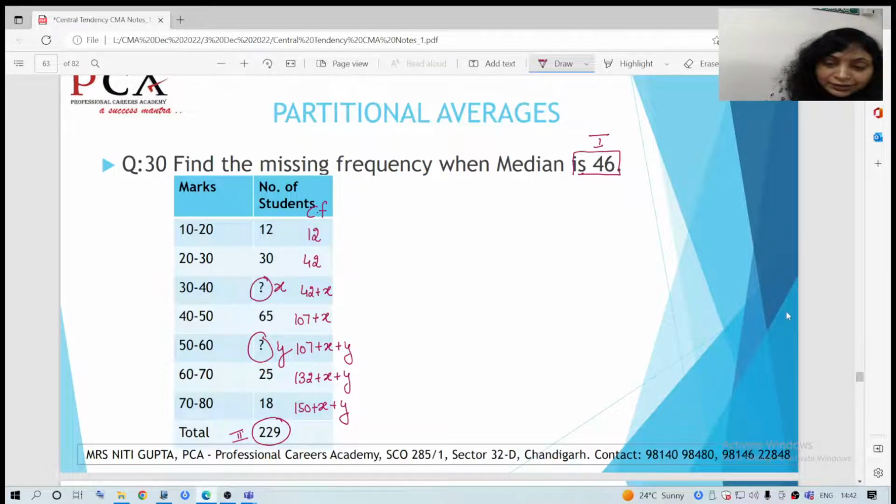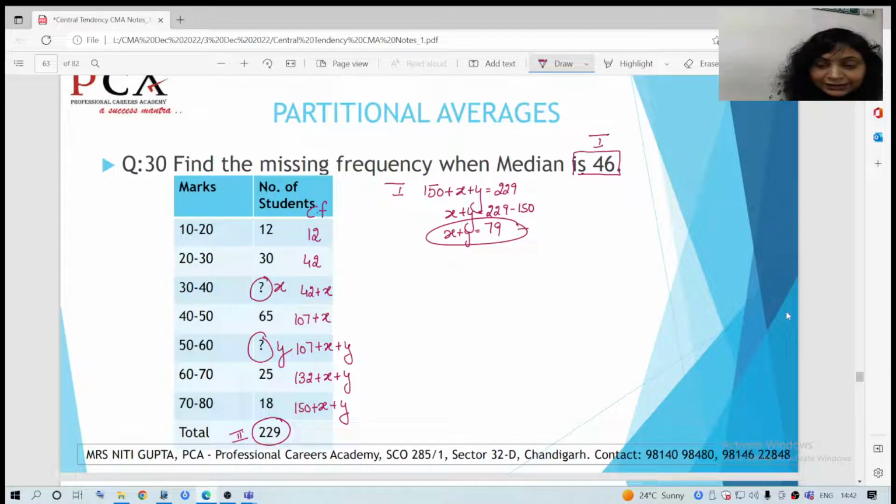So my first equation: 150 plus x plus y, the total has been given as 229. That means x plus y equals 229 minus 150. So x plus y is equal to 79. This is my first equation.